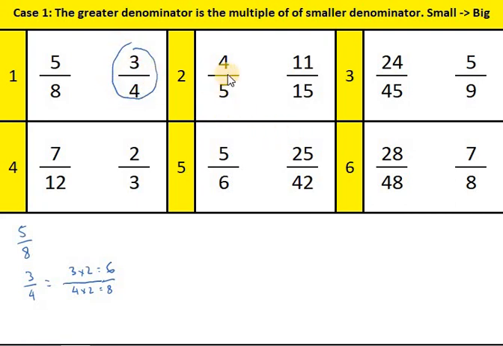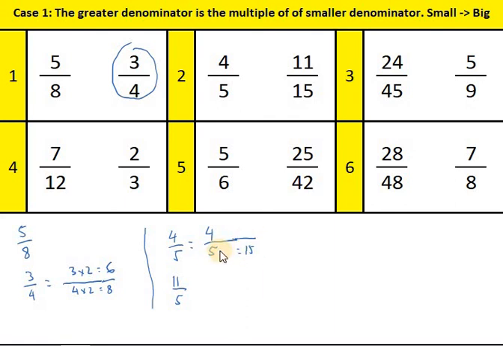Same thing again with 4 out of 5 and 11 out of 15. 15 is a multiple of 5, so I need to change the 4 out of 5 to become 15 in the denominator. So I copy the fraction, and this denominator will become 15.